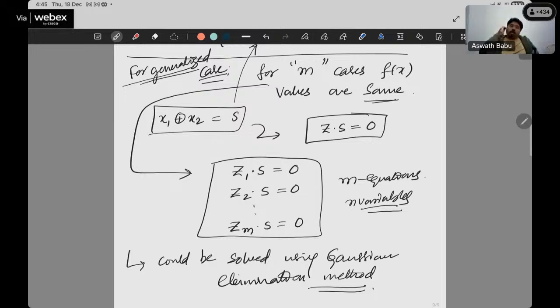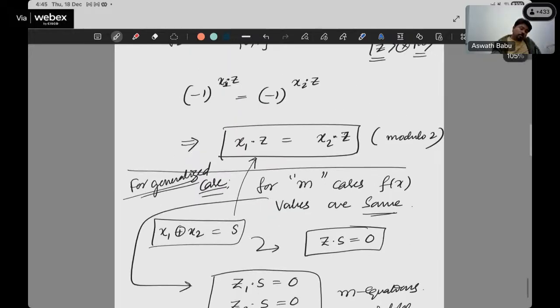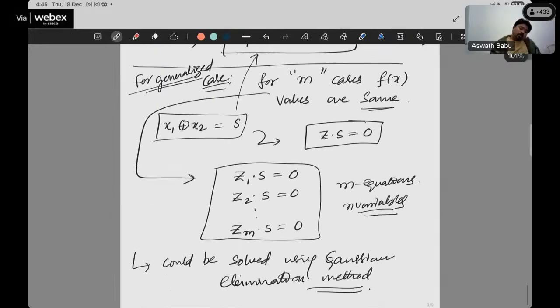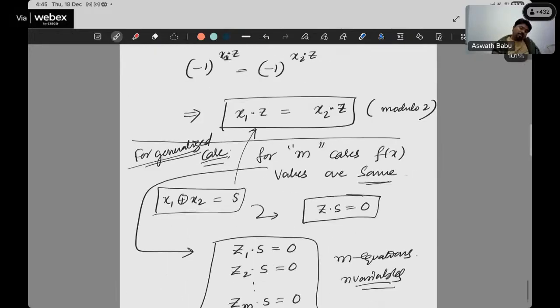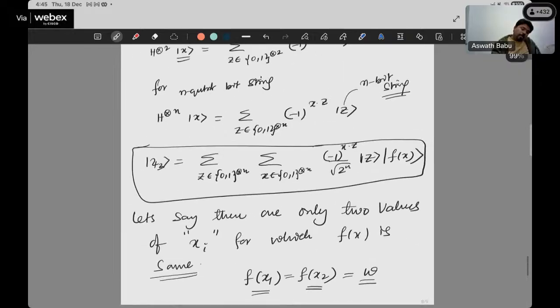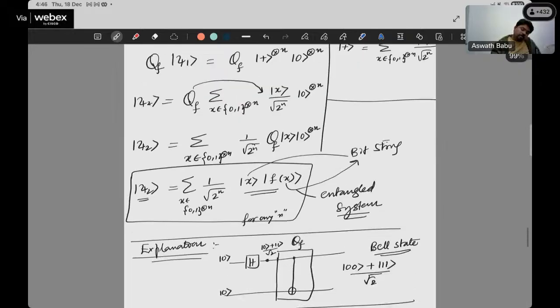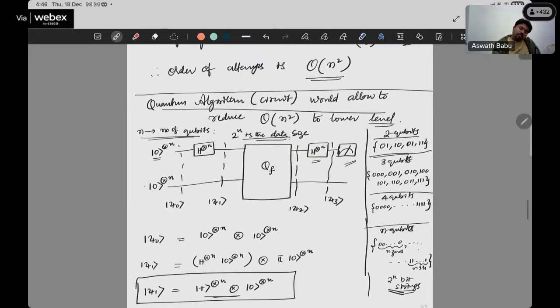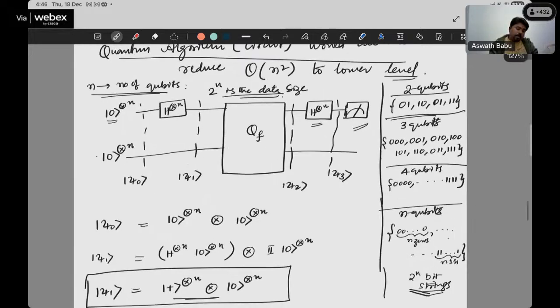The important thing is that we only analyze the output at the query part. Where is the circuit? Let me show you. The measurement only happens at the query part, and by knowing the query output, we can make out what the s is.